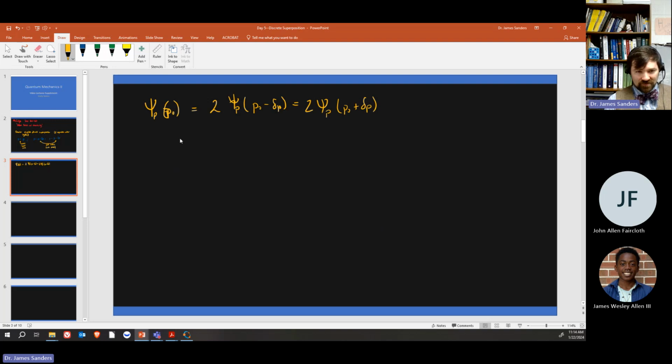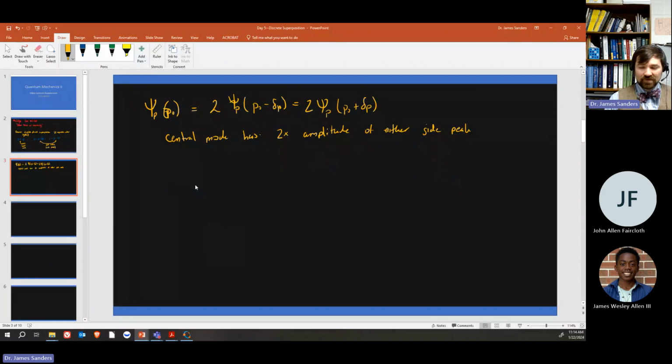In other words, the central mode has 2 times the amplitude of either side peak or side mode.